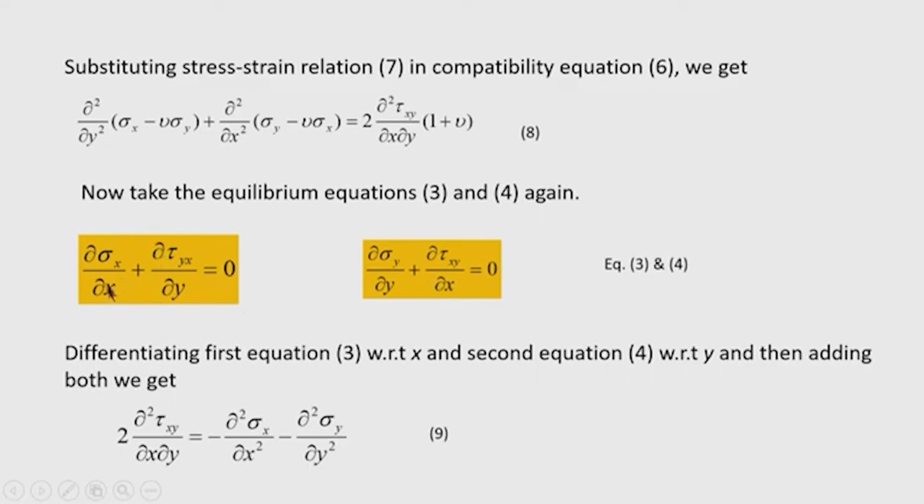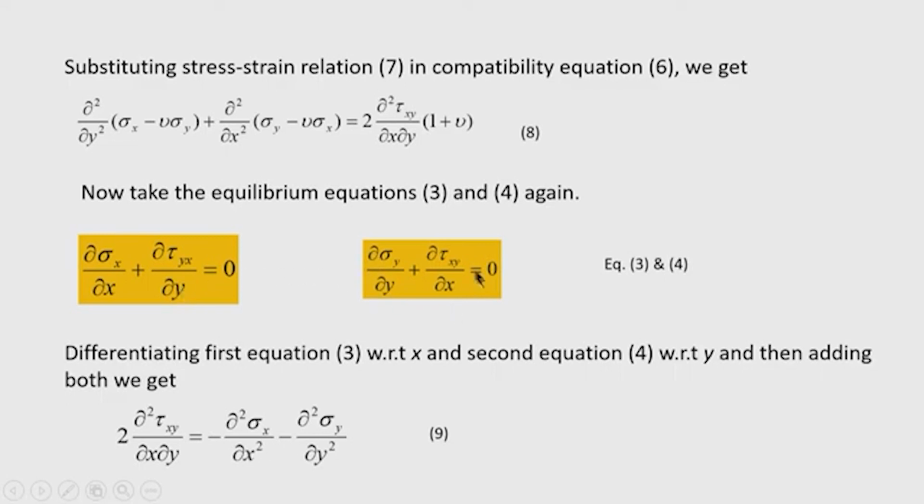So, if I differentiate the first equation, equation number 3, with respect to x, and the second equation with respect to y, and then add both the quantities and separate the tau x y terms on one side, then when you differentiate the first expression, that will be del square sigma x by del x square plus del square tau y x by del y square.